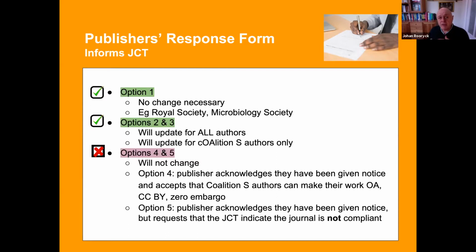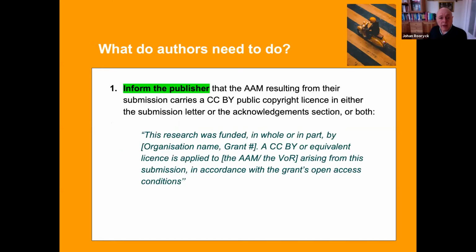And then option 5 is really what we call the don't darken our doors again option, namely they ask us to explicitly say that they will not accept any manuscripts that carry this language. And it's important to know that none of the publishers have explicitly stated that last option. I mean, they have tried to talk us into it, but that has not really materialized.